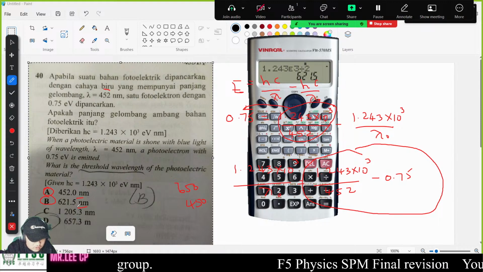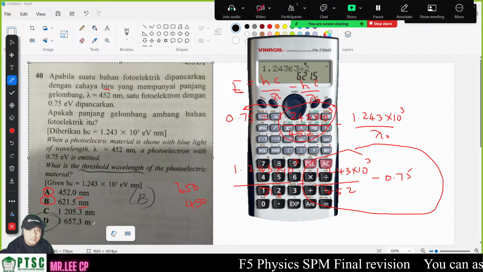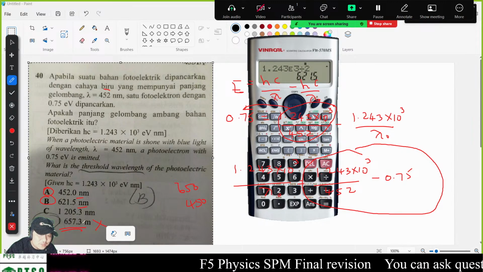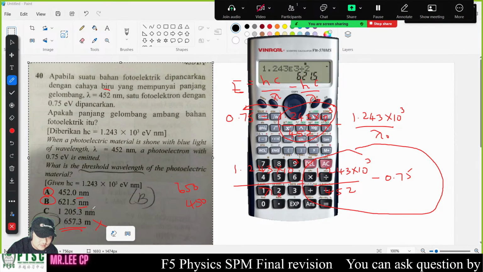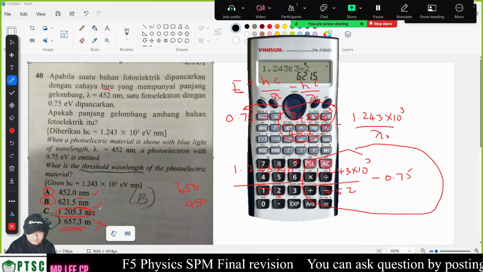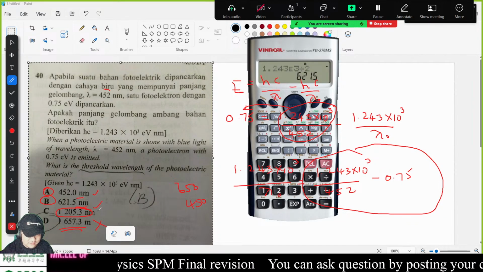So either this one or this one only. Cannot be 1000 something. This one is meter, no chance. This is not the wavelength of the red color. This one is too big already. So either this one or this one. Blue one is about 400 to 600.